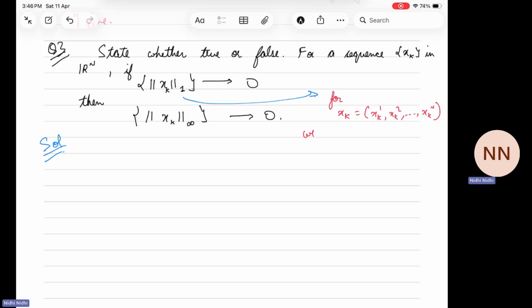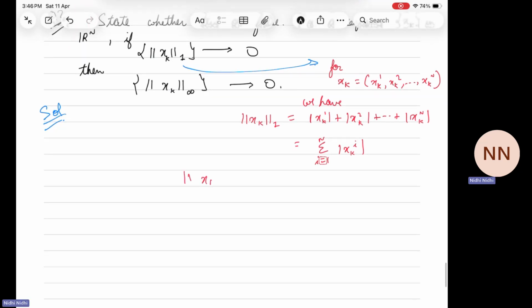We have the one norm of xk. This is just the summation of mod xki's, which is modulus of xk1 plus modulus of xk2, so on up till xkn, which can be written as summation i from 1 to n of mod xki. And the sup norm for the same vector in Rn will be equal to the maximum of all these components.